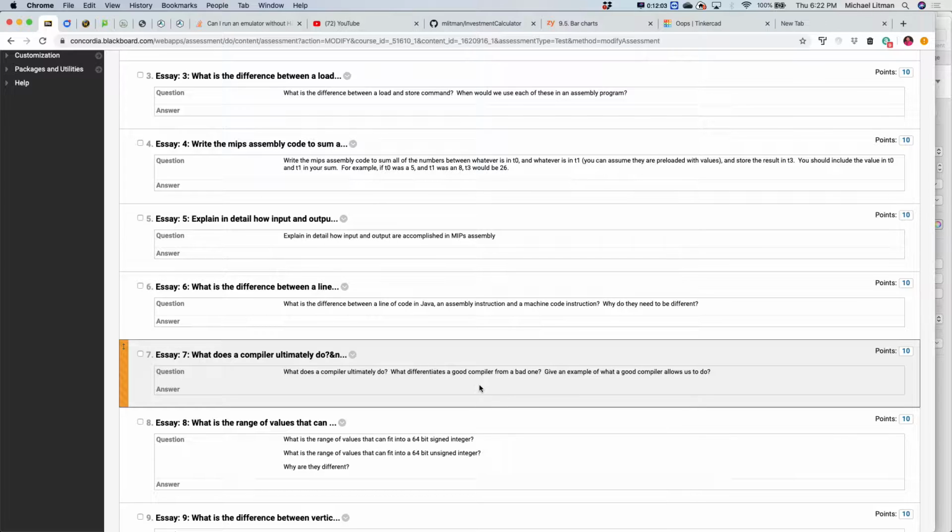I have another question. Yep. I think a good compiler also has to be able to fully maximize the architecture. Okay, isn't that kind of covered in optimized? But I see what you're saying.